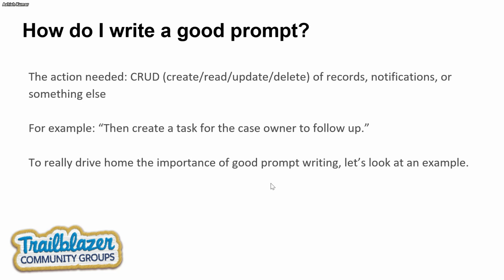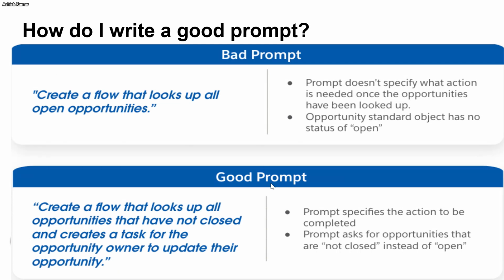Now let's understand more about the good prompt. To really drive home the importance of good prompt writing, let's look at an example. Here you can see what a bad prompt and a good prompt look like. If you pass only, create a flow that looks up all the open opportunities, this is the bad prompt.